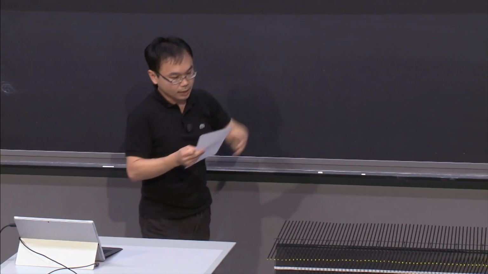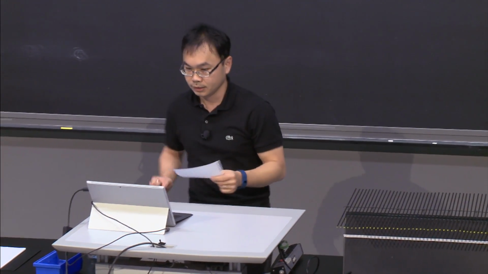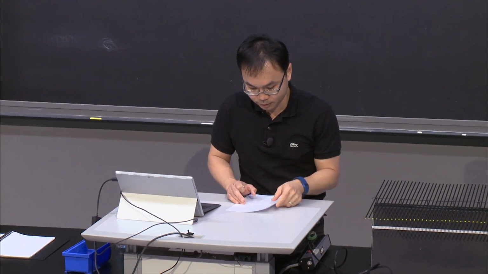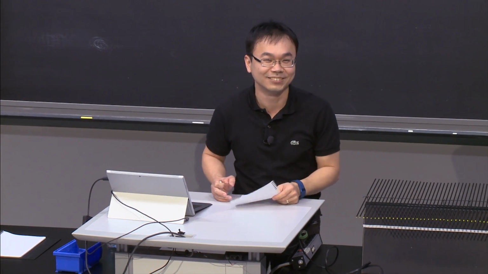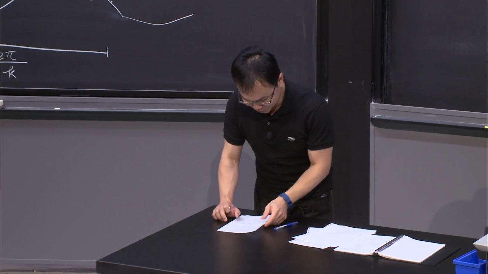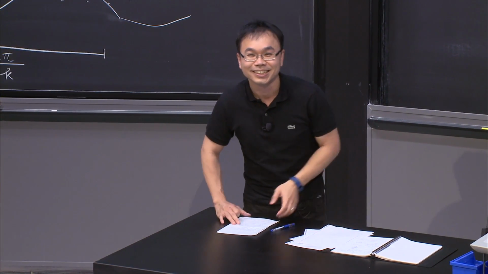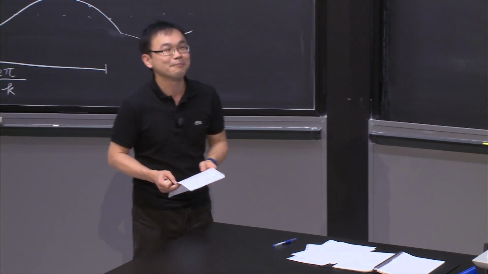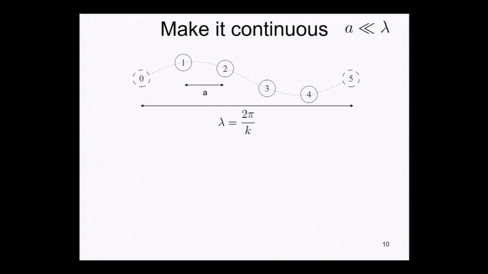And now I would like to make a leap of faith to see what happens. What we're going to do is to introduce a continuous, infinite number of coupled oscillators. So what does that mean?